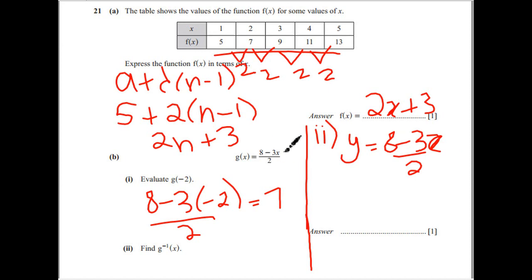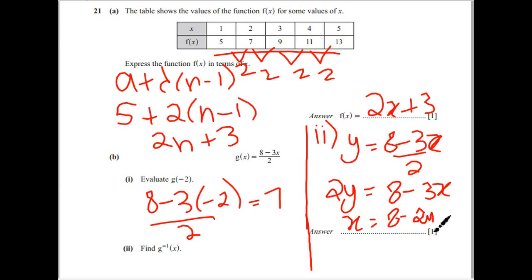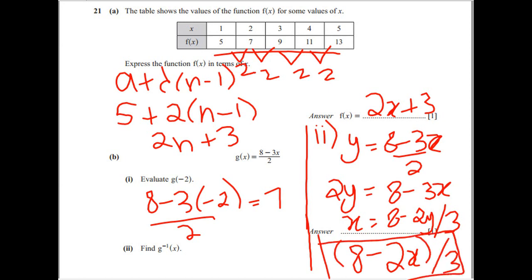So we get 2y is equal to 8 minus 3x. Then x will be (8 minus 2y) over 3, and then the final answer will be (8 minus 2x), changing y to x again, over 3. This is the final answer.